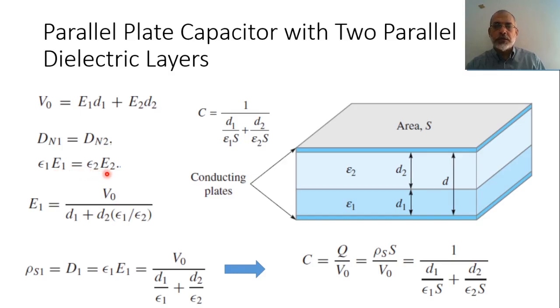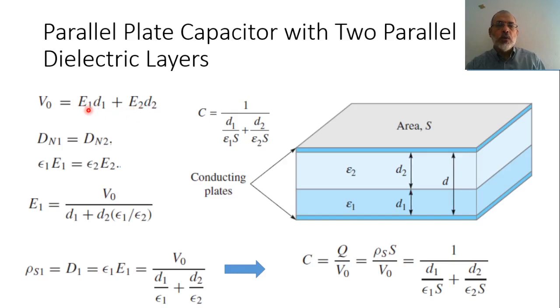So we can express the electric field E1 in terms of the potential: we replace E2 by E1 multiplied by epsilon 1 over epsilon 2, multiplied by d2, and we take E1 as a common factor.